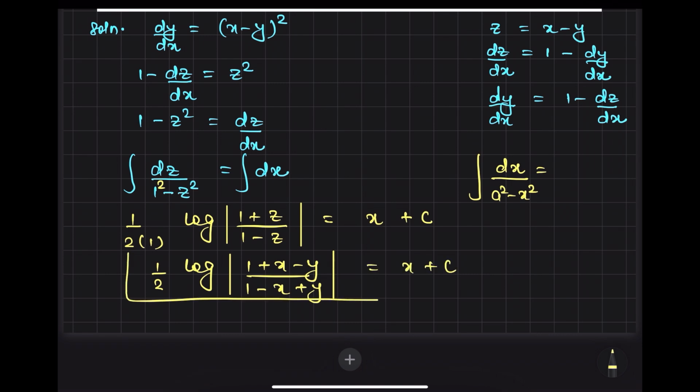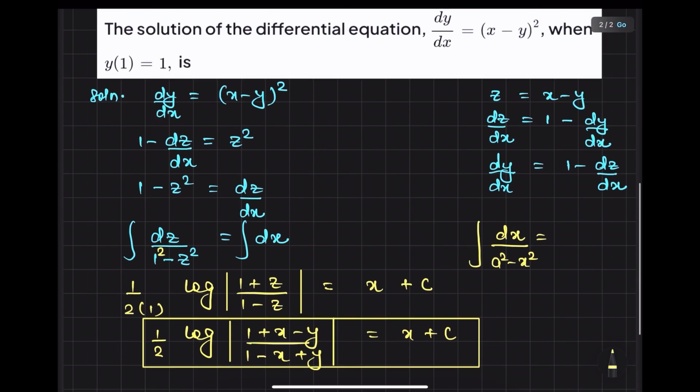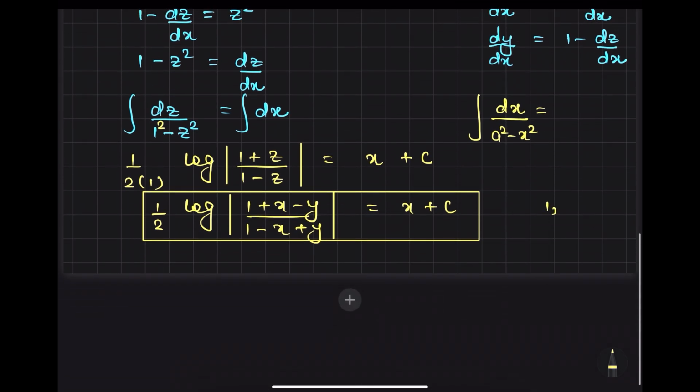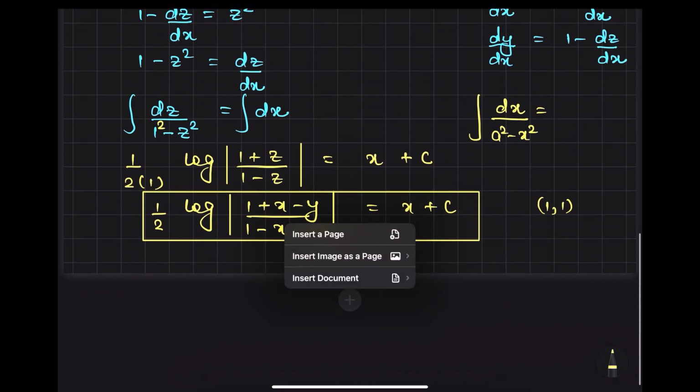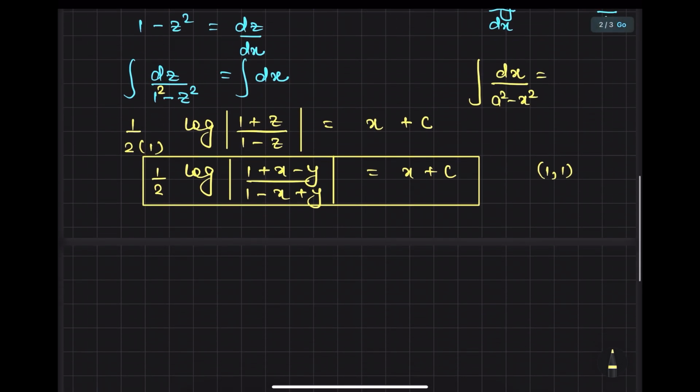Now the task is to find out the integration constant c. Look at this. They have provided you this situation that y of 1 is equal to 1, means your curve is passing through 1 comma 1. So it will satisfy 1 comma 1. So let's try to find out the value of integration constant c.